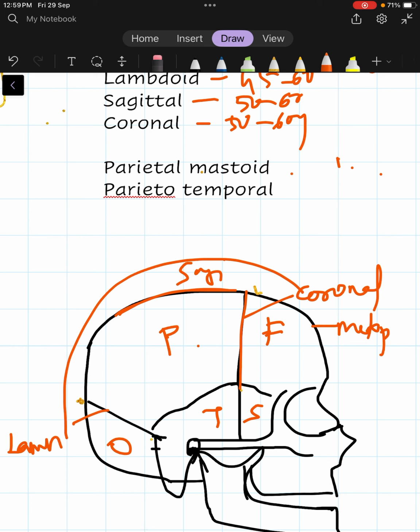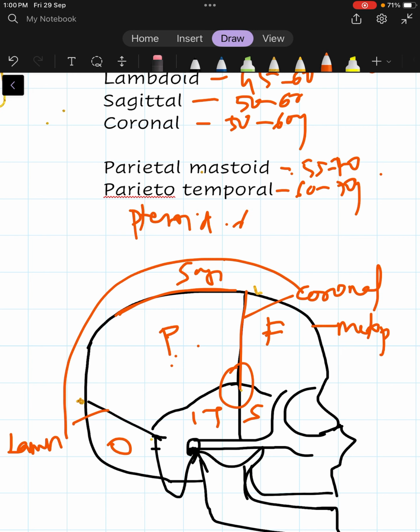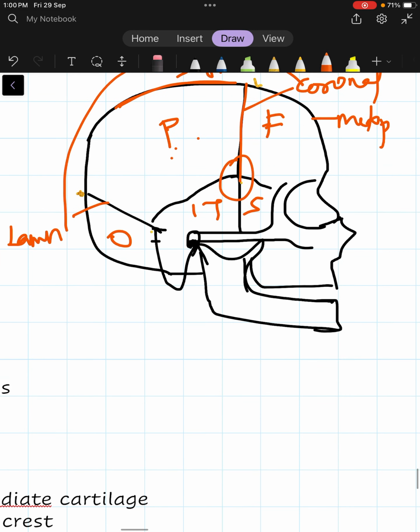Then parietomastoid will be at 55 to 70 years. Parietotemporal at 60 to 70 years. Then pterion, where all these 4 sutures meet, at 65 years. Important thing is the inner table is closed first, then after 5 to 10 years the outer table will close.